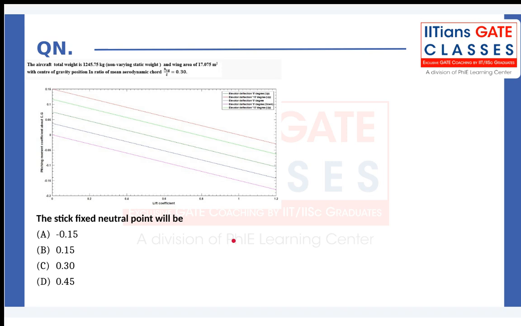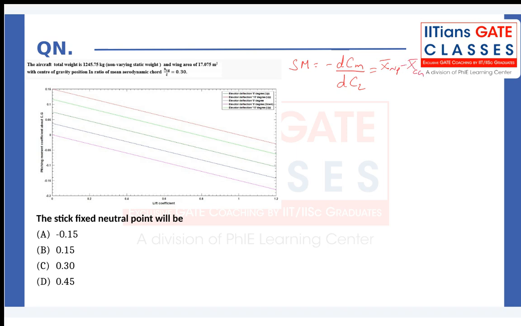So what do you have to do? You have to find the stick fixed neutral point. For that you can use your static margin equation, right? Let me just write that down. Static margin is minus dCm by dCL. It is also equal to x bar NP minus x bar CG.